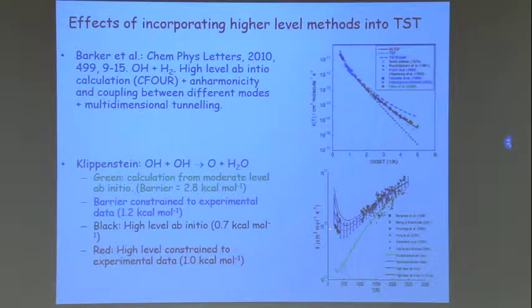The black is an absolutely ab initio high-level calculation where no tuning to the experimental data has been used. And then the red one, which is the best fit of all, is where these high-level transition state theory calculations have been constrained to experimental data, giving a barrier of 1 kcal per mole.